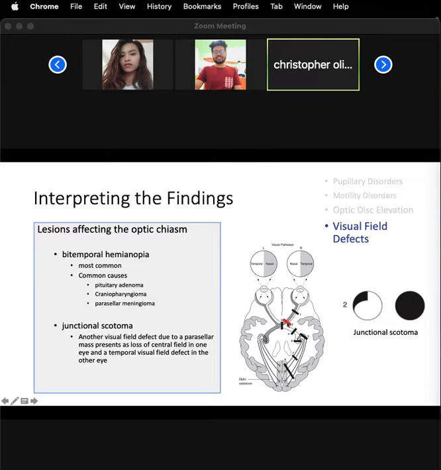Junctional scotoma. Not exactly on the optic chiasm, pero near. Kaya ganito yung presentation niya. One eye affected and superotemporal visual field defects sa kabila because of, you can look this up, von Willebrand knee. It's due to the distribution of the fibers here. Bakit hindi parehas? Because of the distribution of the inferior and the superior fibers that are being impinged by the lesion. Okay? So it's almost 3 o'clock.